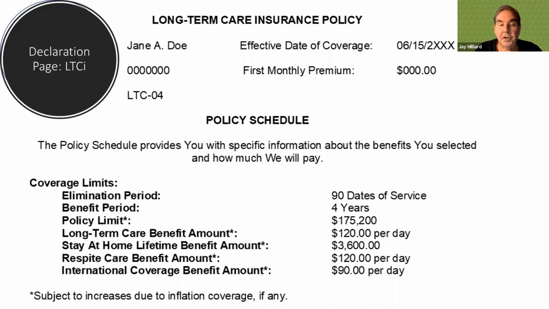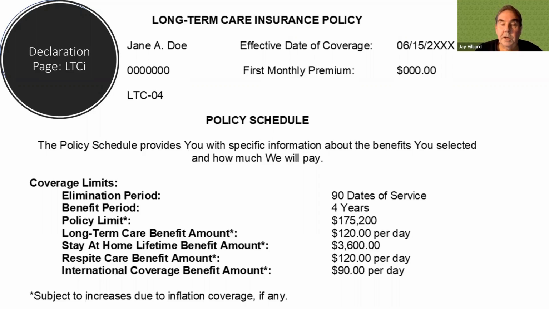The easiest way to understand elimination is that it's really like a deductible. But rather than an amount of money like people have for car insurance or homeowners insurance, where they might have a $250 or a $500 or even $1,000 deductible, with long-term care insurance, they determine it in days of service.